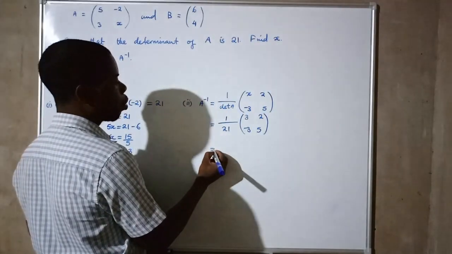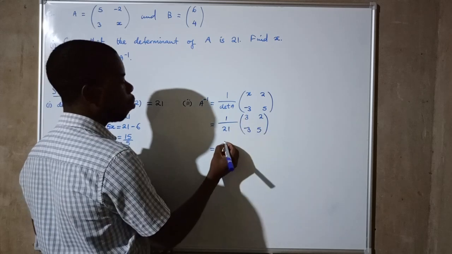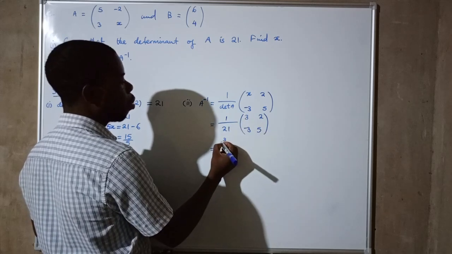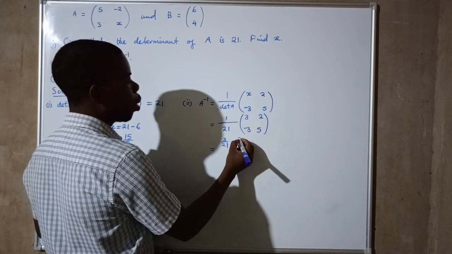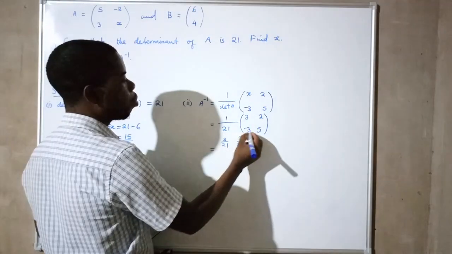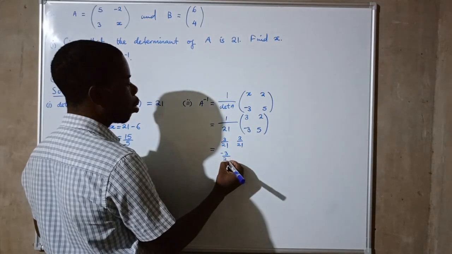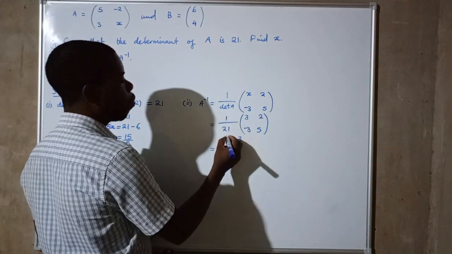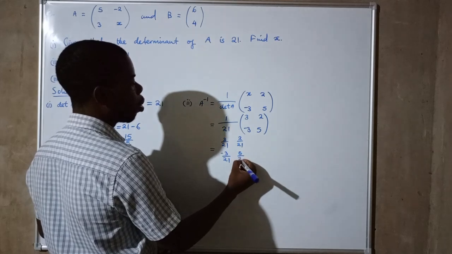Then you go ahead, you say 1 over 21 times 3, it will be 3 over 21. Then 1 over 21 times 2, it will be 2 over 21. Then 1 over 21 times negative 3, it will be negative 3 over 21. Then 1 over 21 times 5, it will be 5 over 21.